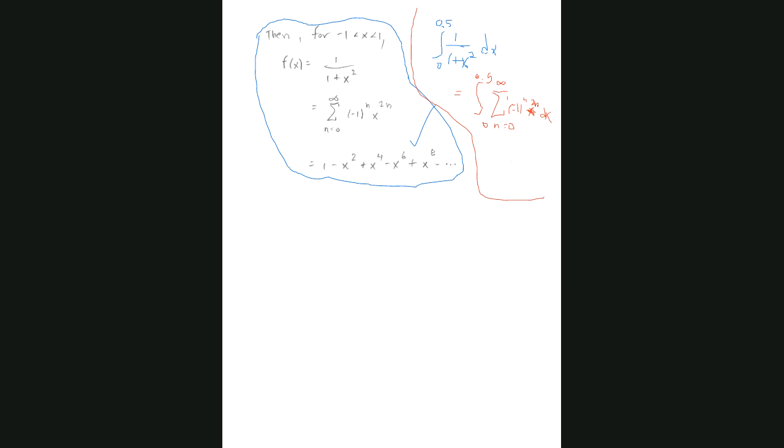But of course, your limits, which are 0 and 0.5 in this case, have to fall within the interval of convergence in order to do this. And I'm going to show you that. We might get to this today. We might get to it tomorrow. But how many think that idea is kind of cool?